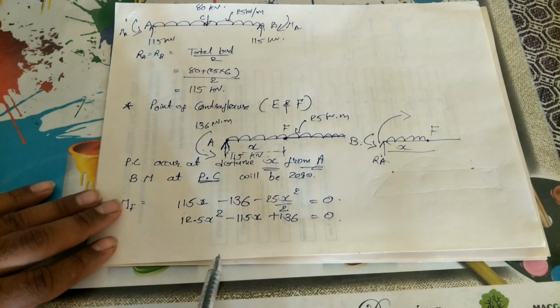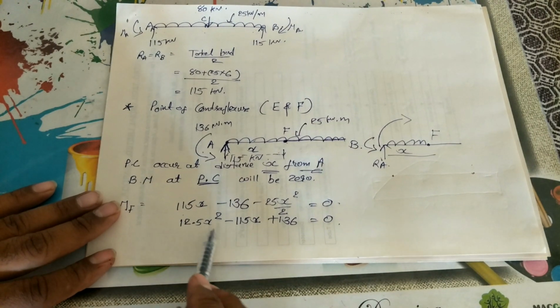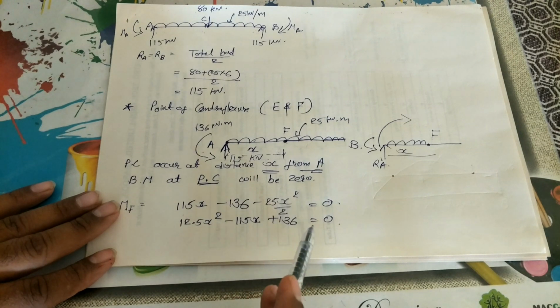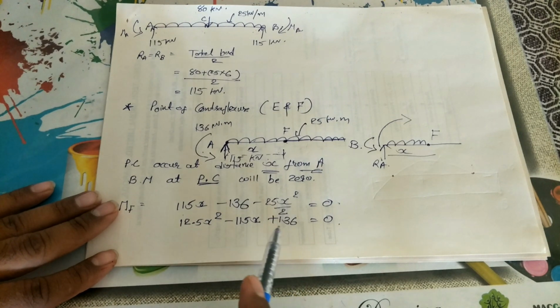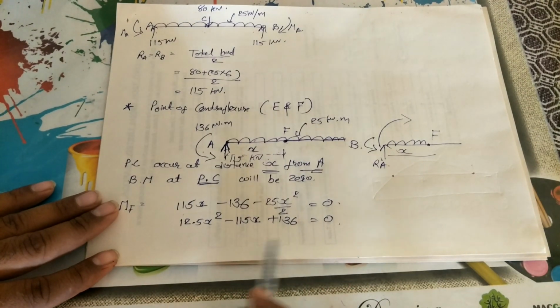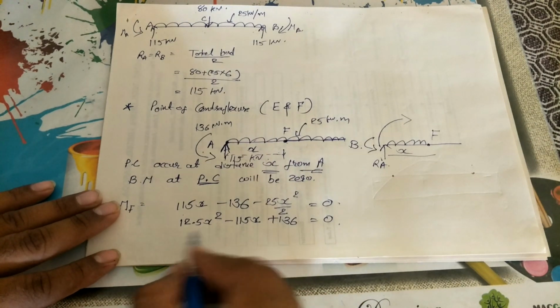How can you solve it? We have to calculate our unknown, that is X. We get X from the formula minus B plus or minus under root B square minus 4AC, divided by twice A. That is what you have learned in your mathematics. This is a very simple thing.